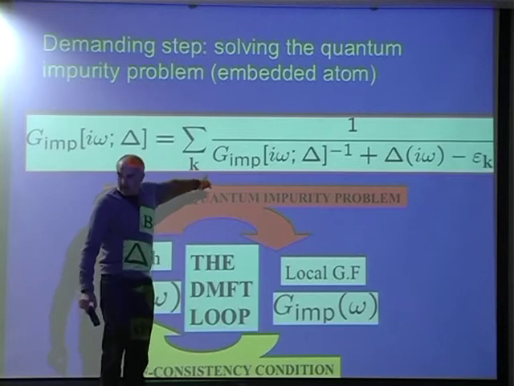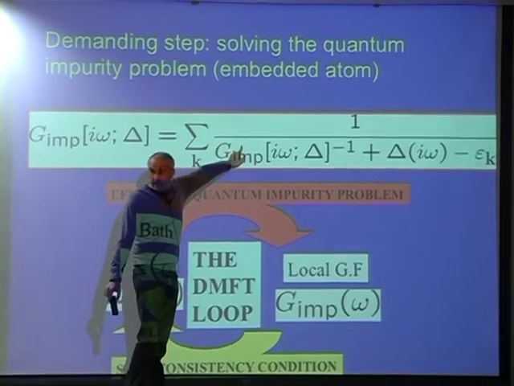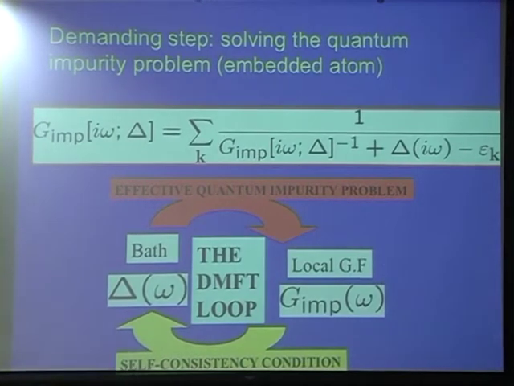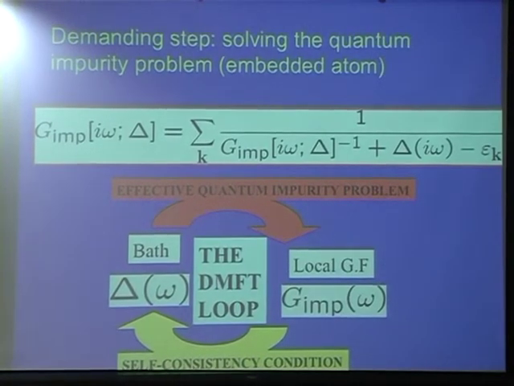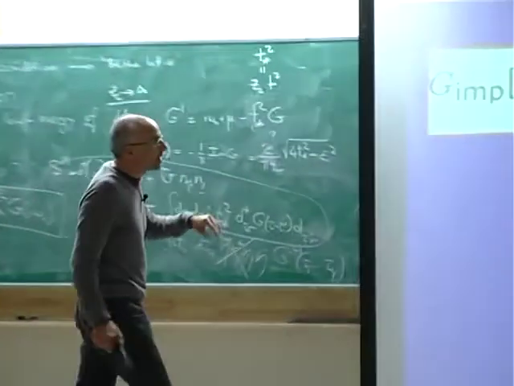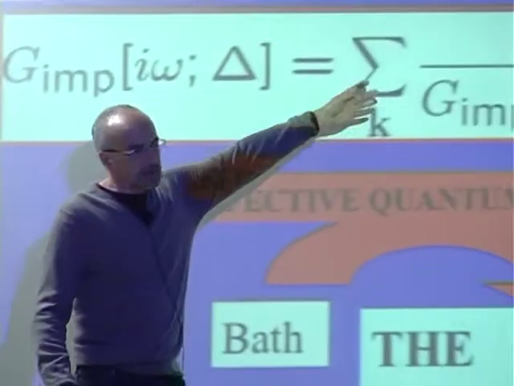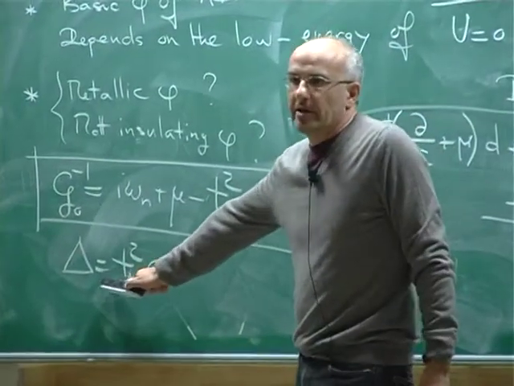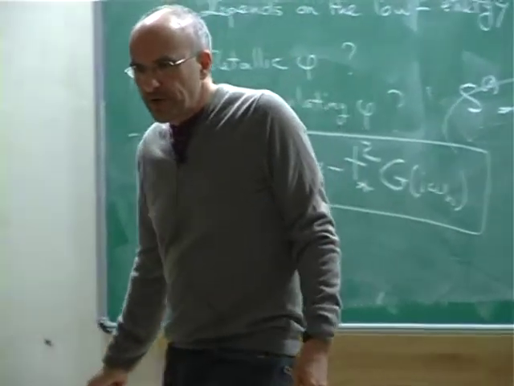You will show that you can then invert explicitly this equation to get this one. So everything I told you is consistent. If you take a semicircular density of states, put it there, do the integral, and invert the equation, you will get the conclusion that I reached here by direct means from the cavity construction.